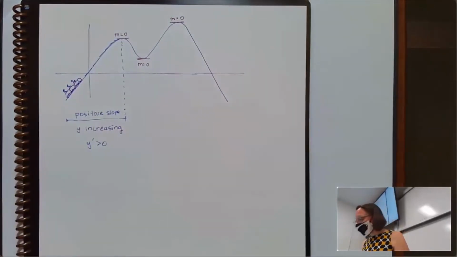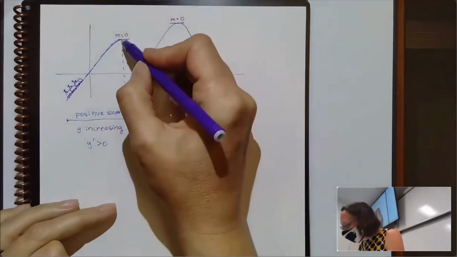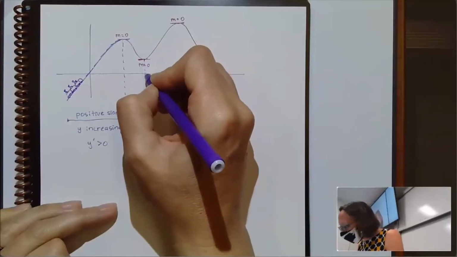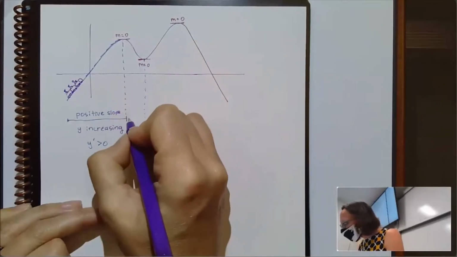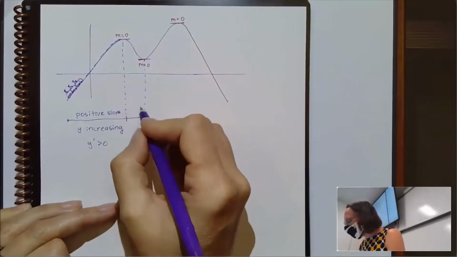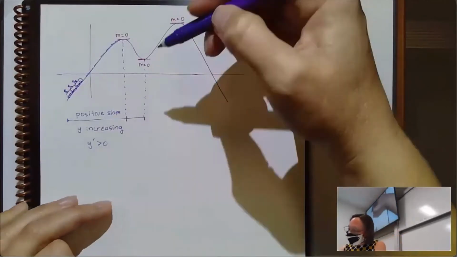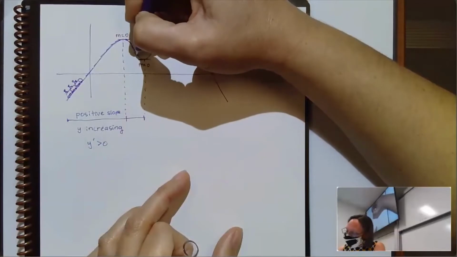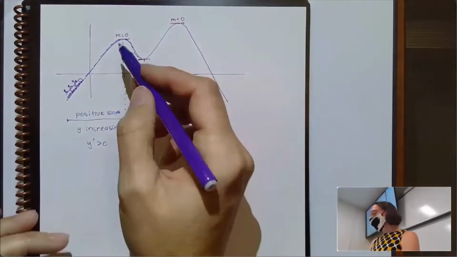Now, when I look in the next chunk, we're going down, down, down, down, down until here. So everywhere in this part of it, if I think about what those slopes look like, the slopes are changing, but they're all negative.